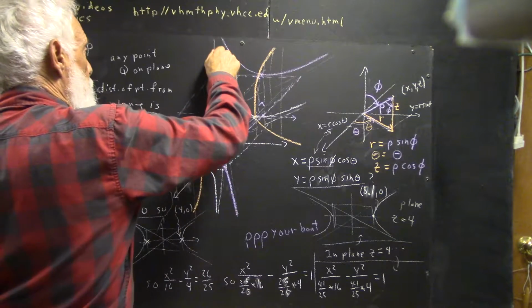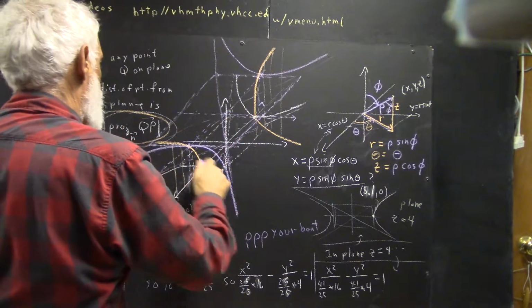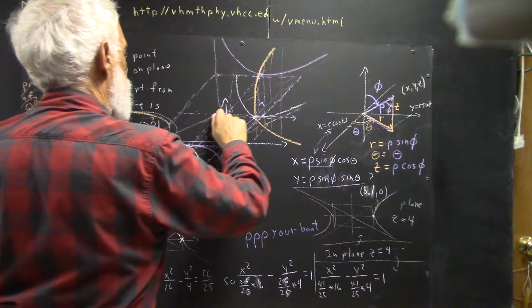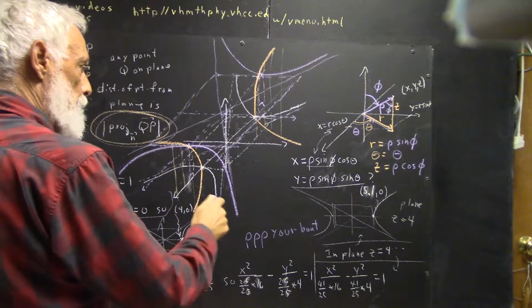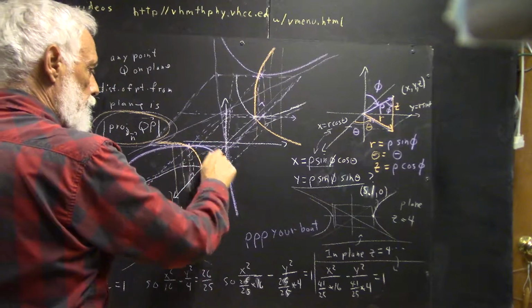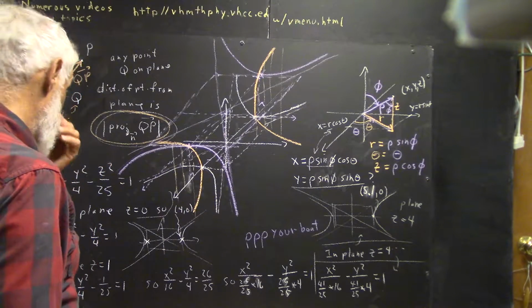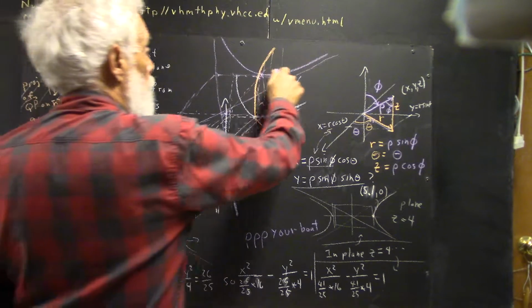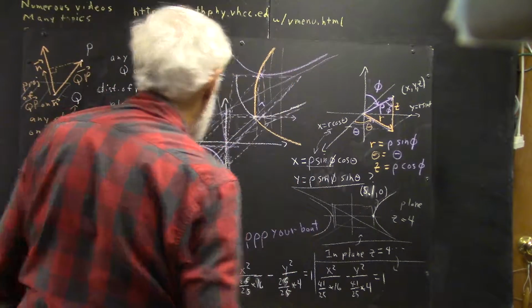I draw the diagonals, which will be the asymptotes of the hyperbola, and then I sketch in the hyperbola perpendicular to those asymptotes, here and here.